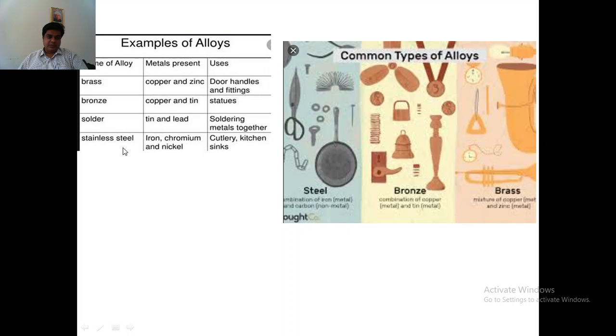Steel is basically iron and carbon, and if you add chromium and nickel along with iron and carbon, it becomes stainless steel, which has different properties and characteristics. Based on that, the name is given as stainless steel, and it is used in kitchens and cutlery because it has very high corrosion resistance.